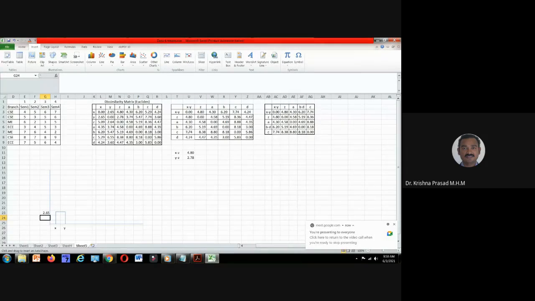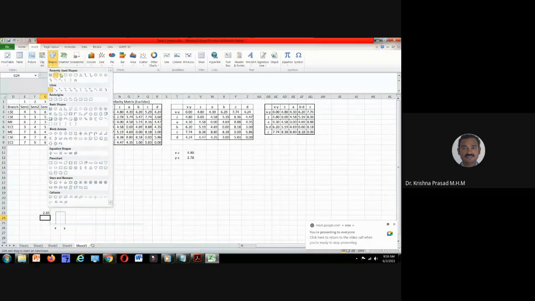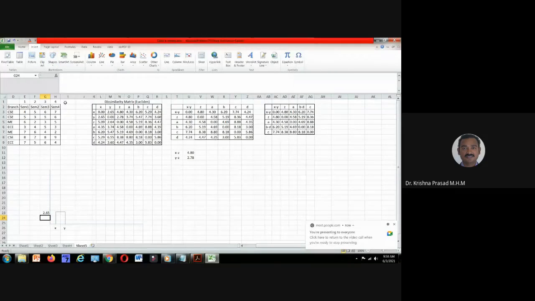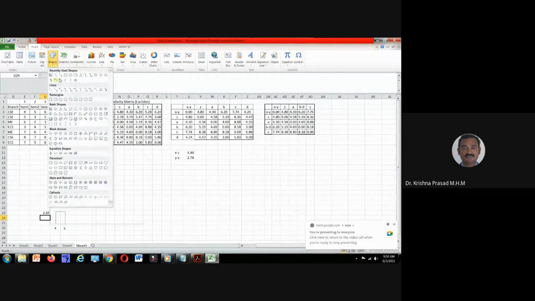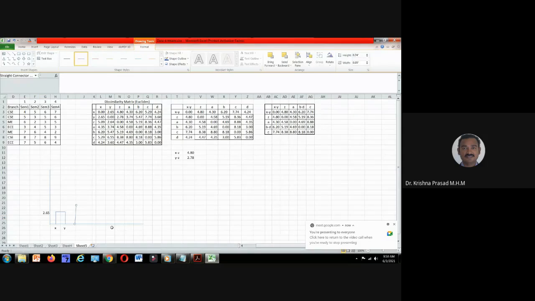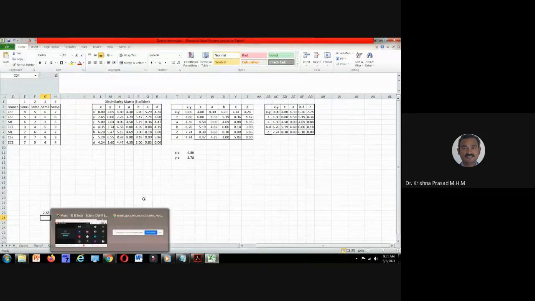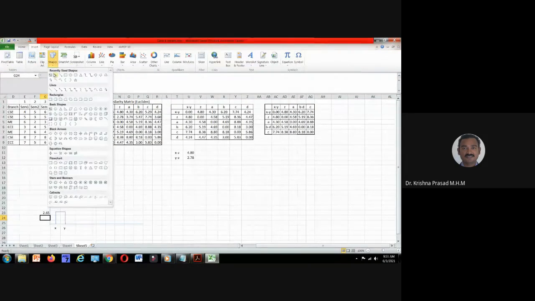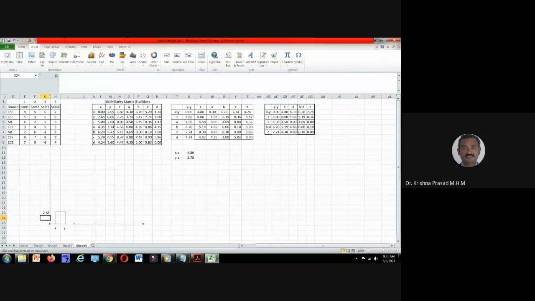B and D were merged at a distance of 3 how much? Cells. 3 cells. 3, right. Thank you. 3. Let us draw again. We need to press shift button before drawing, then only that object will come straightly.